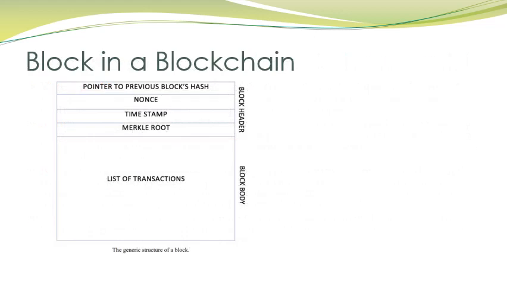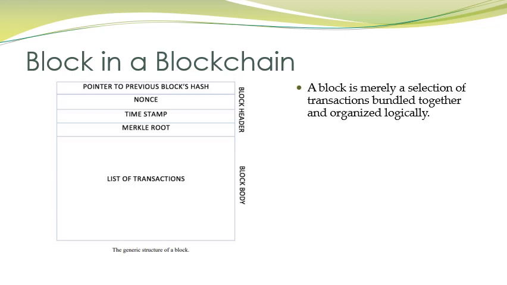Next we have to study what a block is. In the previous session, students, we studied the block, but now in more detail. Technically, we have to study what the components of a block are. A block is merely a selection of transactions bundled together and organized logically.